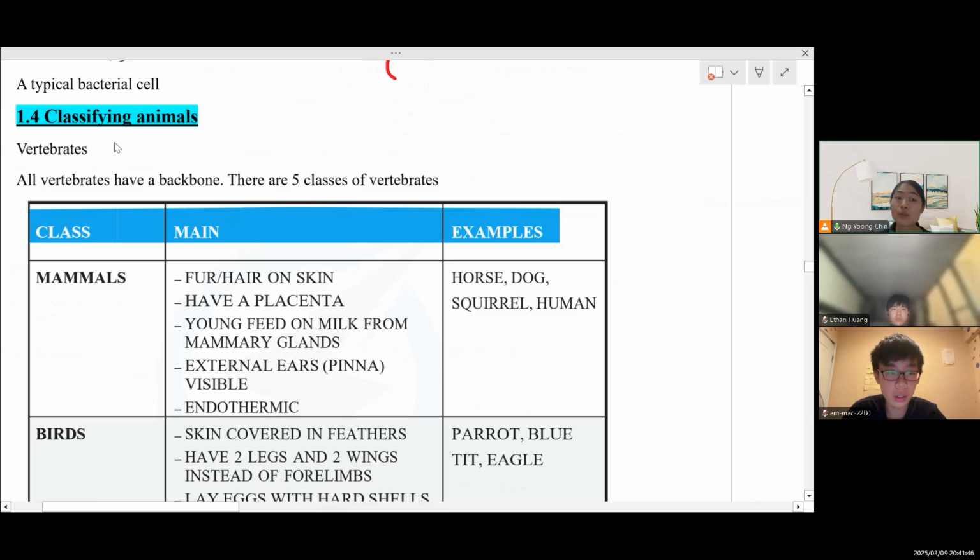We do contain the vertebrae supporting us. In humans, we have the cervical vertebrae, which are around our neck, and then we have the thoracic vertebrae, and then the lumbar vertebrae. Vertebrae refers to the backbone, which supports us. Backbone, yeah.